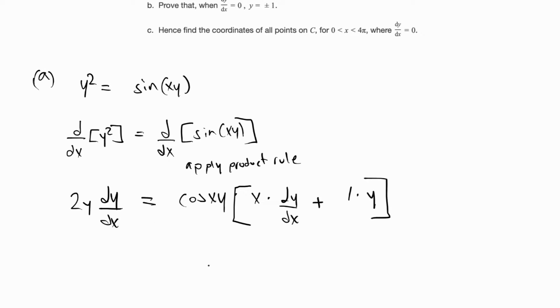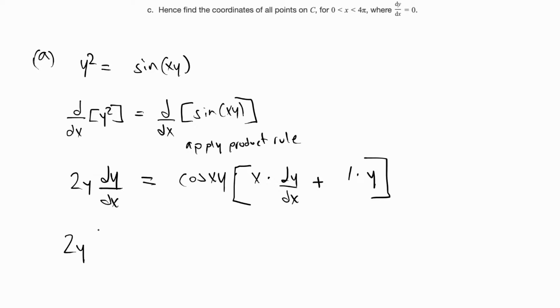That's how it looks. So 2y dy/dx is equal to cos(xy) times (x dy/dx + y).